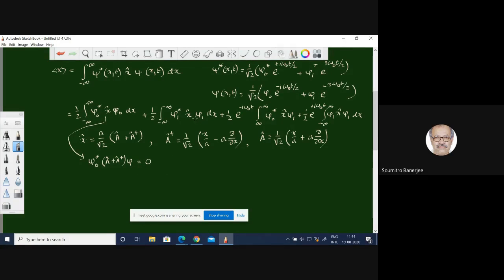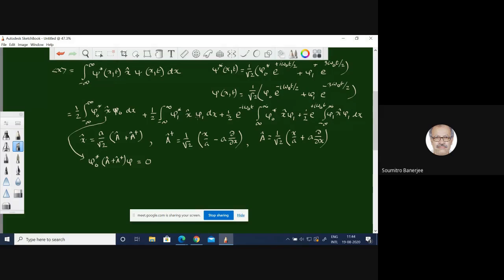Here same thing happens. A and a dagger both are operating on psi 1. Now a operating on psi 1 gives psi naught, and the overlap integral of psi 1 and psi naught, because they are orthogonal functions, is 0.